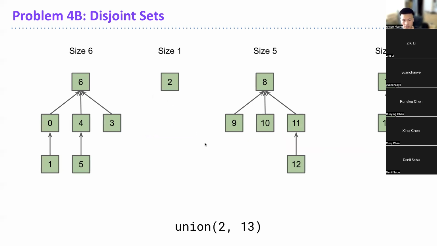Let us do this as a class together first. So let's just do 4b together. When we do union 2 and union 13, what do y'all think we should do? What are the steps we need to follow? What is the first step?